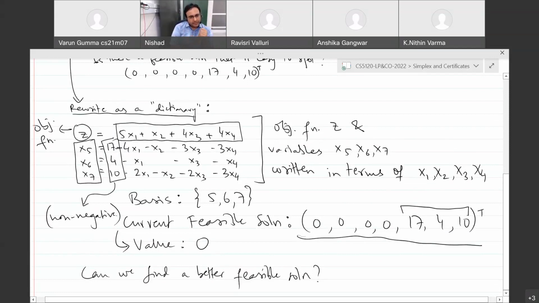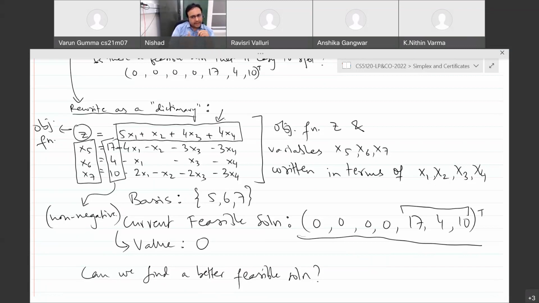Okay. So if you look at this dictionary, look at the objective function. The objective function is 5x1 plus x2 plus 4x3 plus 4x4. All the coefficients are non-negative.